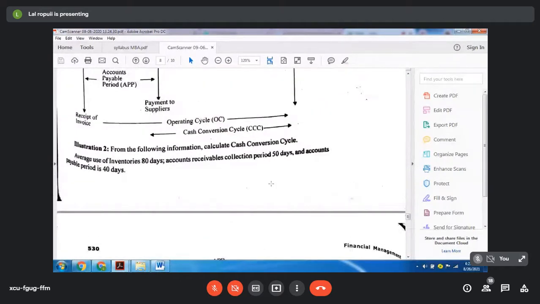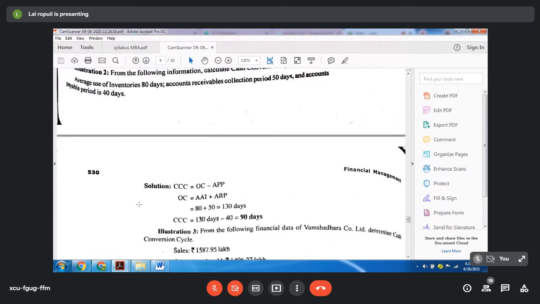So let us see, from the following information, calculate the cash conversion cycle. The book has given us again some very simple, ready-made information. Average age of inventory is 80 days, accounts receivable collection period is 50 days, and accounts payable period is 40 days.